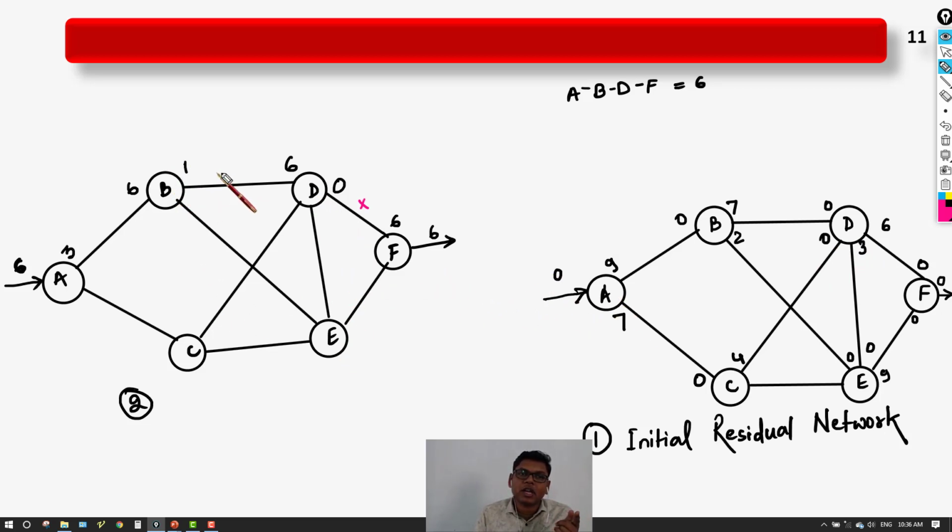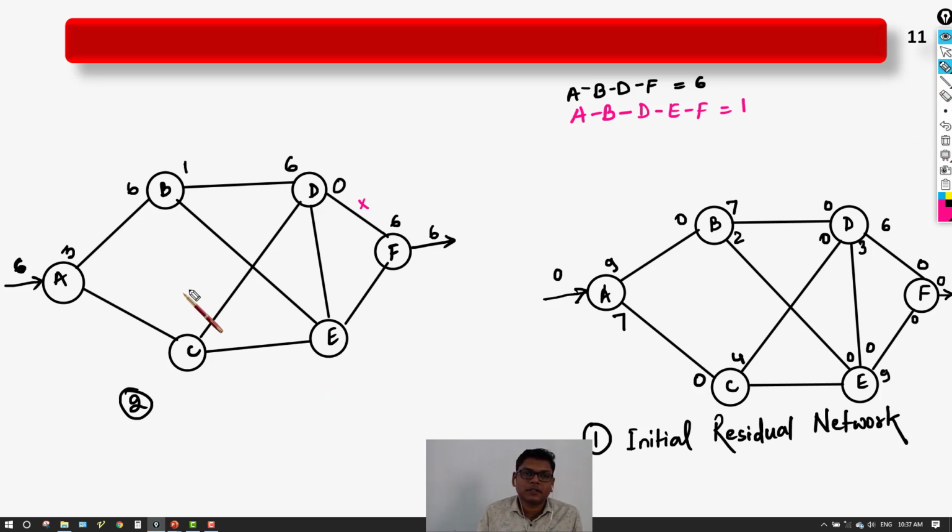Which one is minimum? 1 is minimum. So now take the path A to B, B to D, D to E, E to F. How much? 1. So take that and update this one. For that you have to draw another diagram. Clear?